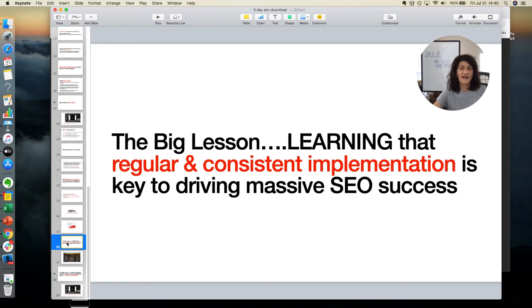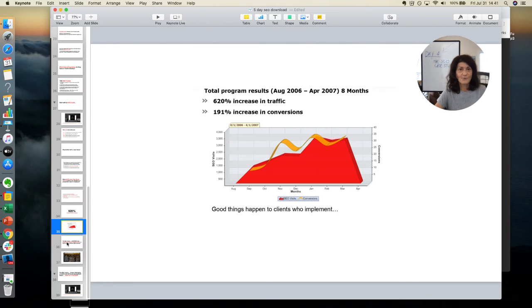They promised that every month, I think it was like the second Tuesday of every month, they would implement whatever recommendations I delivered to them from the month prior. And so we just had this ongoing, regular and consistent, here's your recommendations. They implemented every single month. Once they did that, they were getting this awesome traffic increase. And so, granted, that was a much different algorithm back then, but the same thing can happen today.